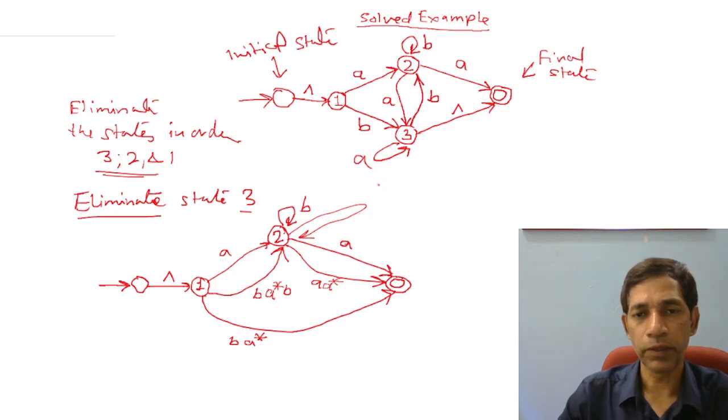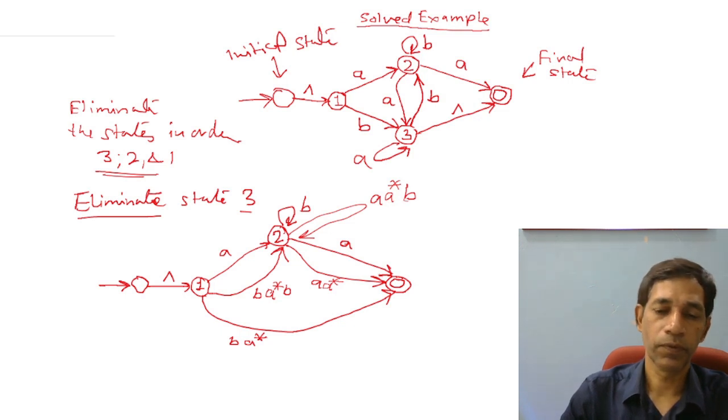You are at the state 2, you are going to the state 3 for the A. Then at the state 3 you have the loop for the A, so A clean star. Then from 3 you are coming back to the state 2 for the B. So A star B is the label of this loop.